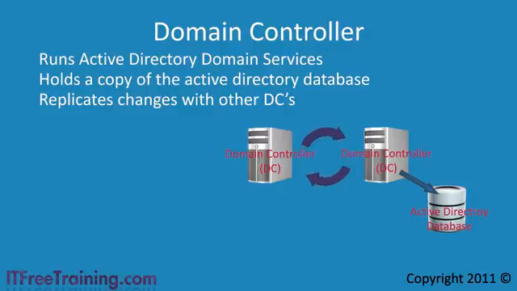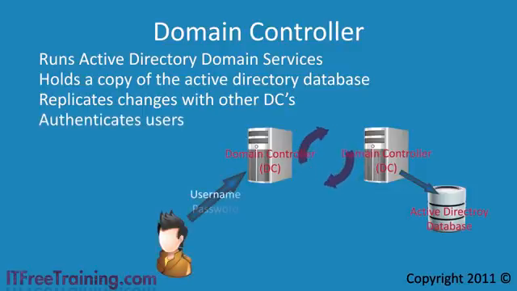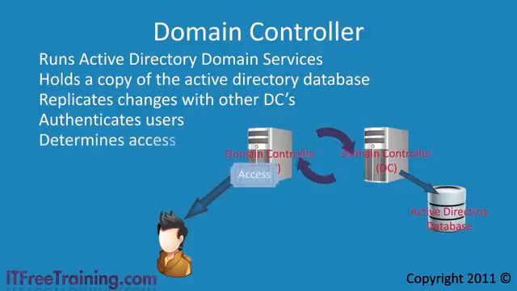Each domain controller replicates its changes through the network to the other domain controllers, and those domain controllers replicate their changes back. Lastly, a domain controller's primary job is to authenticate users. Once the user is authenticated and allowed access to the network, a domain controller also determines what the user can and cannot have access to.